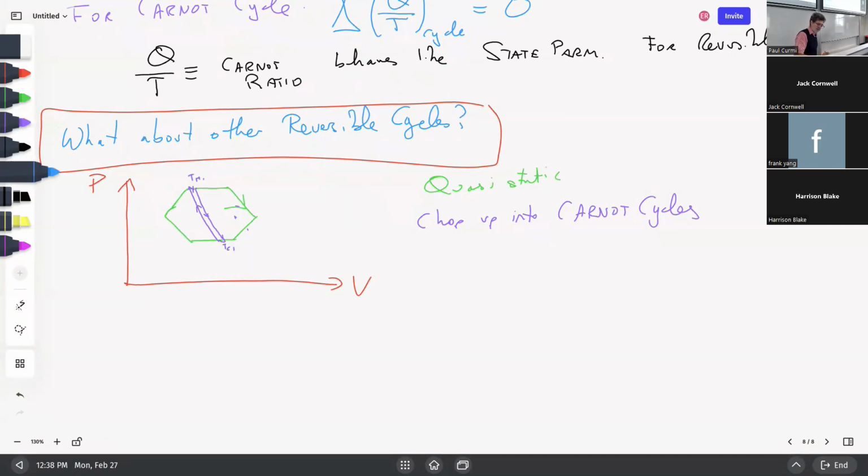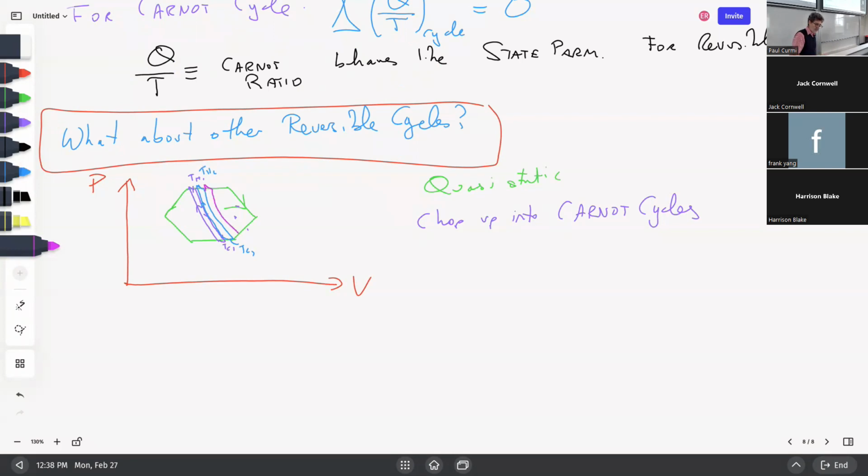Then I have another Carnot cycle, going down to there, over to there, back up to there. So T hot 2 to T cold 2, etc. I keep going, chopping it up.